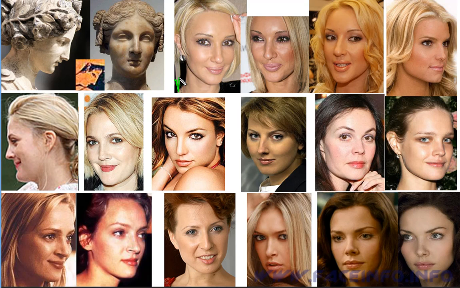Lera Kudryavtseva's nasion is somewhat deeper, and although her nose has a prominent bulge, it cannot be called Greek because her forehead doesn't pass into her nose as a straight line, so it's not Greek. Jessica Simpson's profile, despite her bulge, cannot be called Greek either.